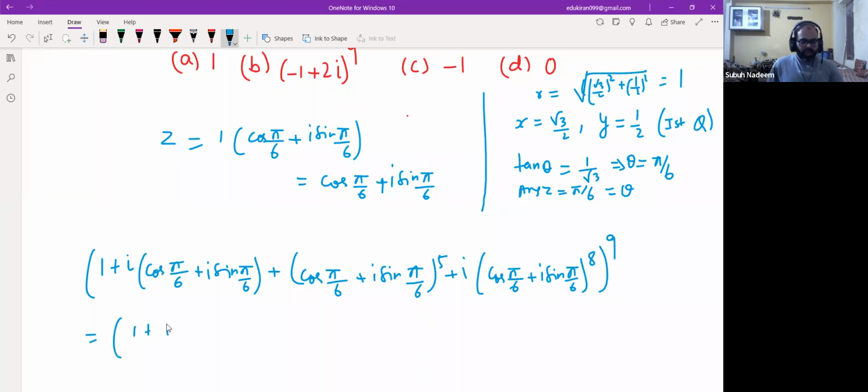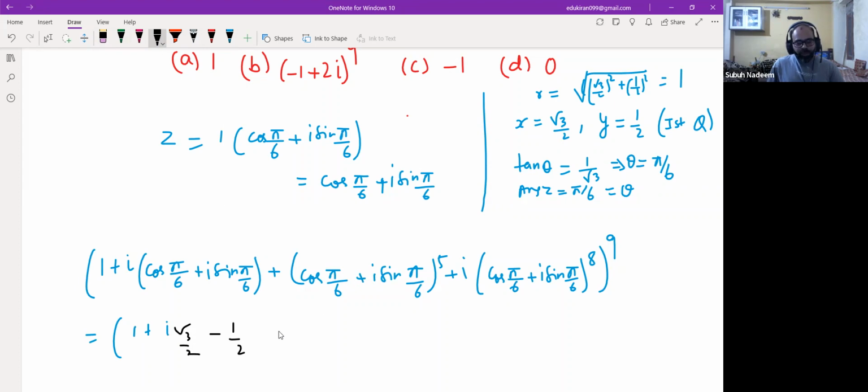So 1 plus i cos pi by 6 will become cos pi by 6 value. We all know this is equal to cos 30 degree, that is root 3 by 2. i into i will be i square, which is minus sin pi by 6, that is 1 by 2.